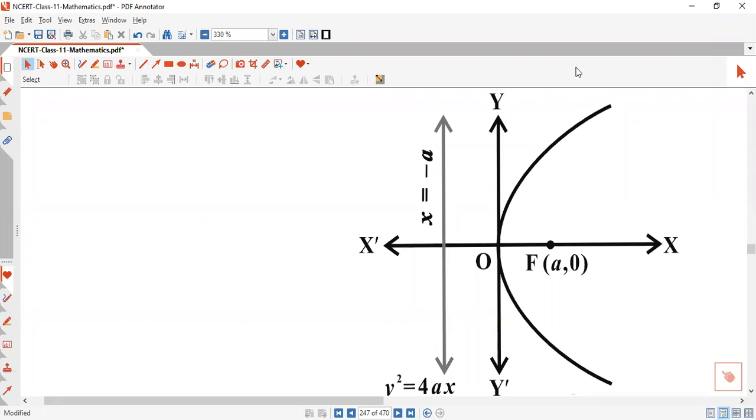Now we will learn the next very important parameter, that is the latus rectum. See, the latus rectum is a focal chord that is also a double ordinate.